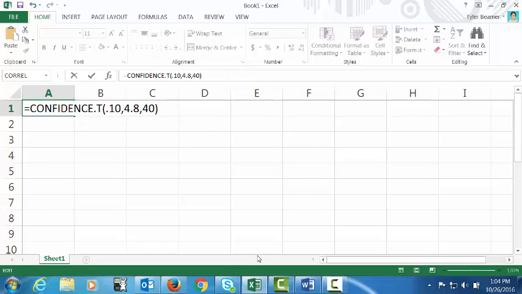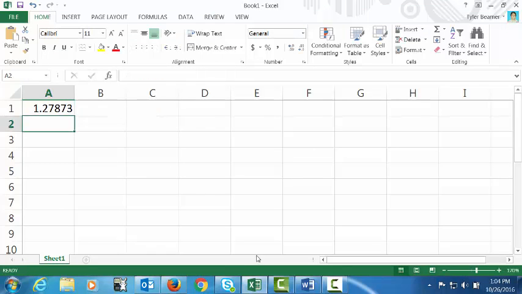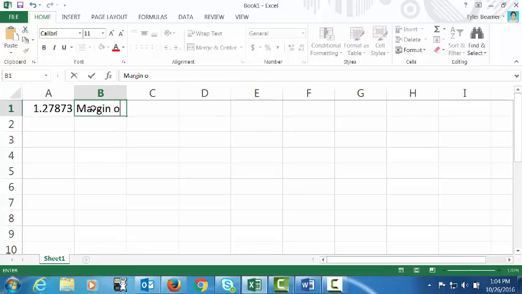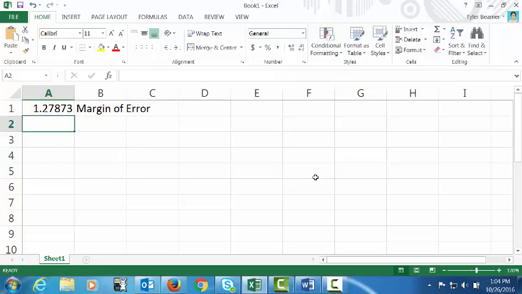Okay. We hit enter, and we get 1.27873. This is the margin of error. Okay.